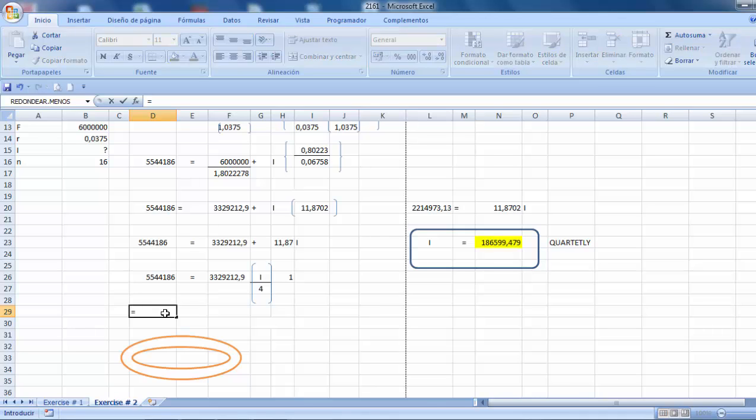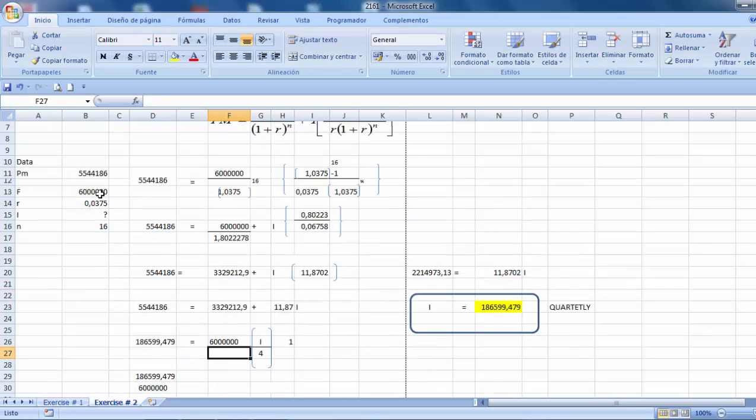We have that I is equal to F times I over 4 less 1. We take the value that is before the equal sign and then the one after the equal sign. That's why we can solve that. And we multiply by 4.